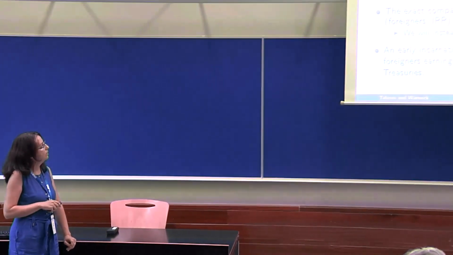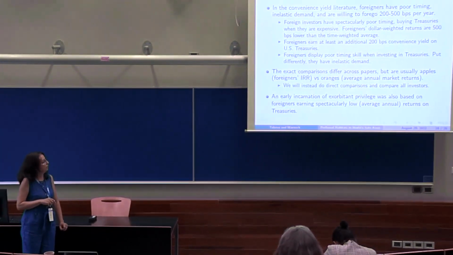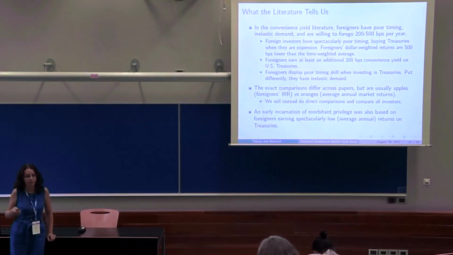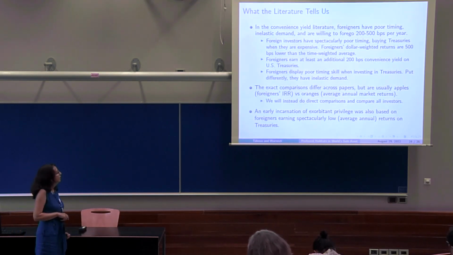Some papers have calculated 500 basis points as additional convenience yield, some 200 basis points. And this is interpreted as foreigners having poor timing skill when they trade in treasuries, and therefore the conclusion that the foreign demand is inelastic.